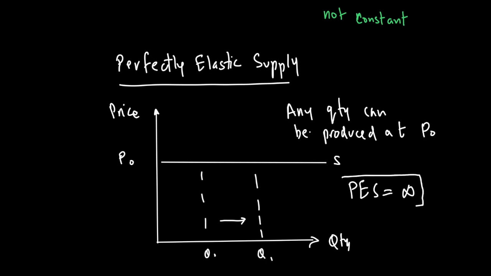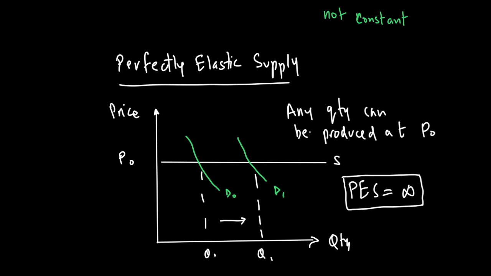Will he produce any amount when the price goes below P naught? The answer is no. And he is not getting any price above P naught too. So even though demand can go up, the price isn't changing. A perfectly elastic supply curve is a case where the producer has a very large capacity, easily able to meet any rise in demand without any change in cost.